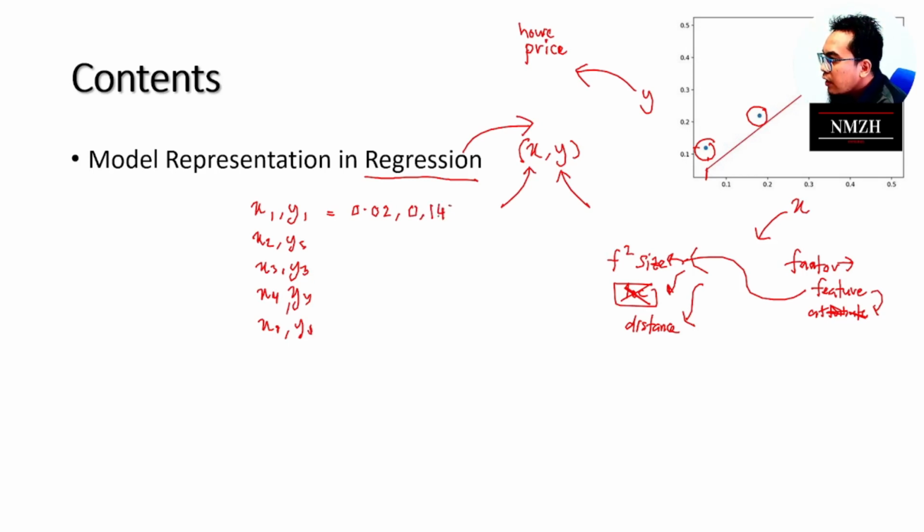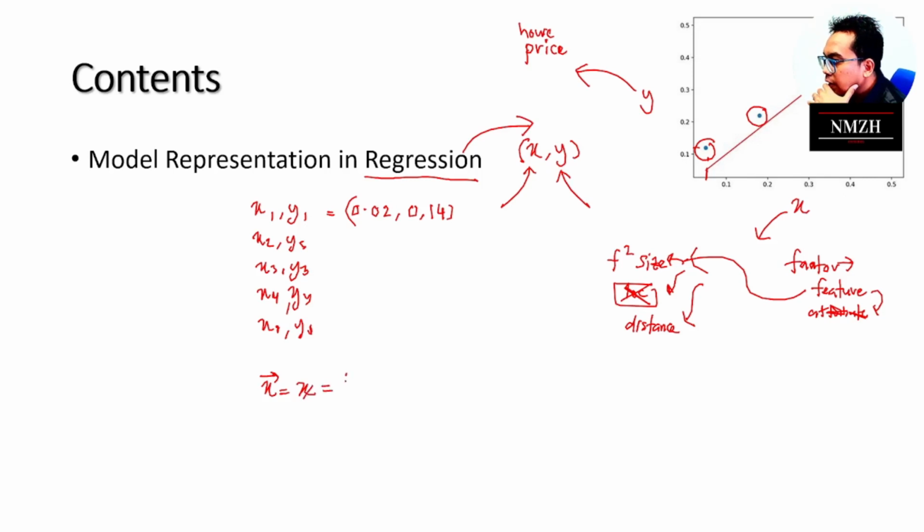This will be the training data that we have in order to get the regression model. This is training example number 1, 2, and 3. So we can make this a vector, either pulled this way or that way.